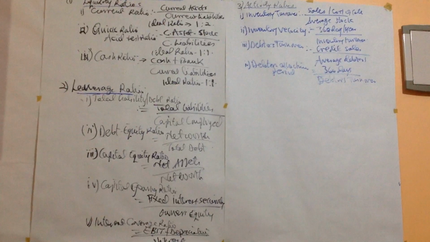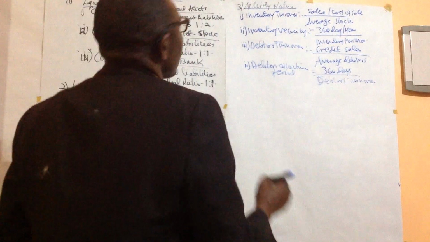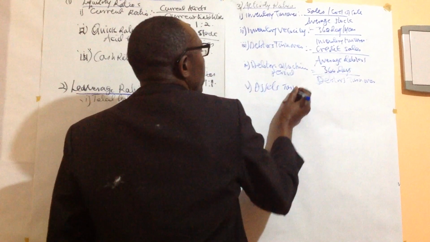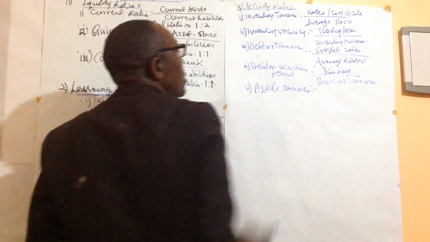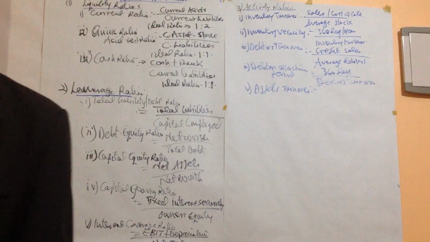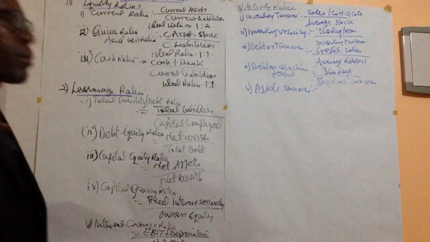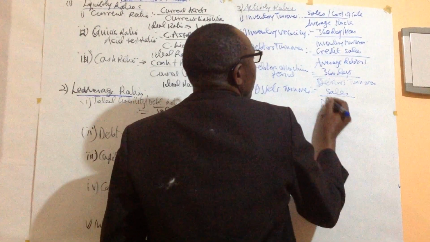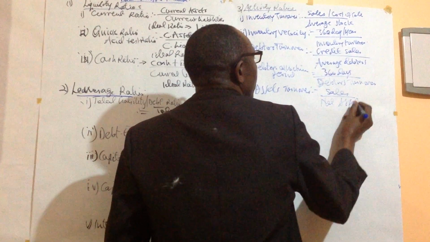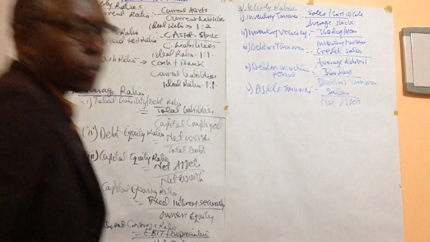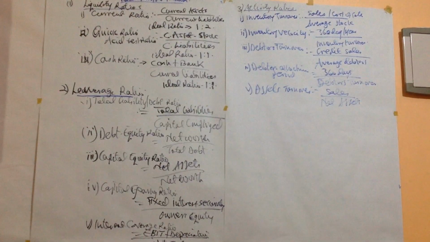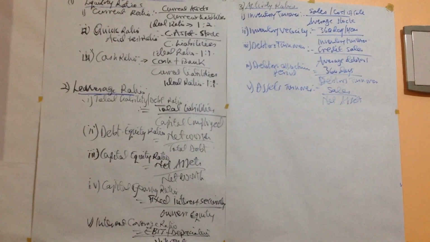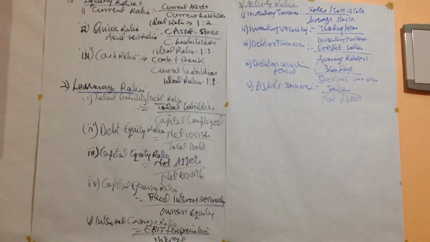Then you have the assets turnover, number 5. Here we're relating net sales to the net assets. Net assets are also referred to as the capital employed: assets minus liabilities give us the net assets.